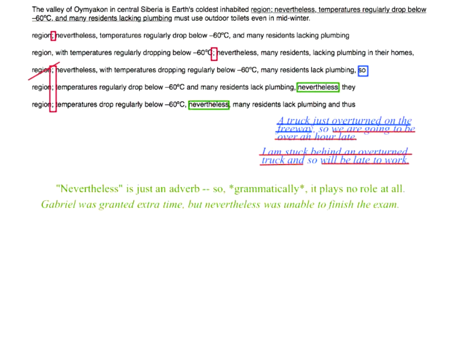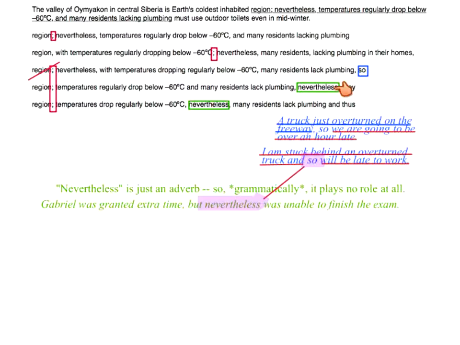So this sentence, if you don't have nevertheless in there, it's still a grammatical sentence. If you remove that, you get Gabriel was granted extra time, but was unable to finish the exam. Still a sentence. It's kind of like so in this example. It's exactly the same as that. So let's connect those together. So the upshot, except nevertheless can only do that. Nevertheless doesn't have this other option like so does.